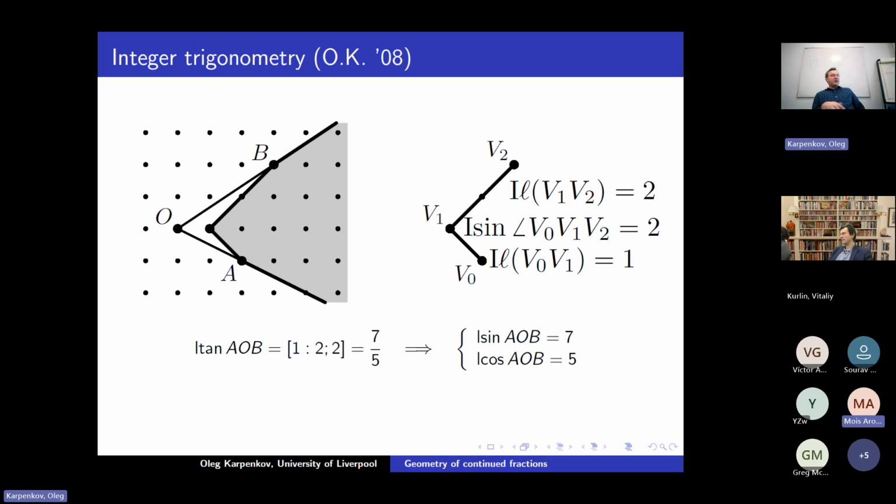Integer cosine is the denominator, and cosine is more mysterious here because there is no simple geometrical understanding of it. The sine formula is basically valid here for the sine in integer geometry. But for cosine, I don't know how to generalize the cosine formula. It's an open problem for many years now. No one knows how to do that.